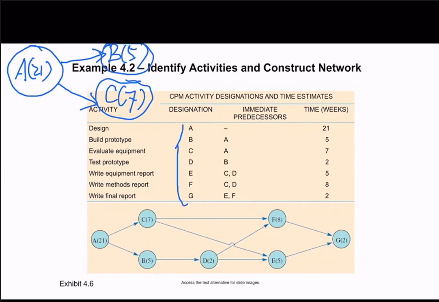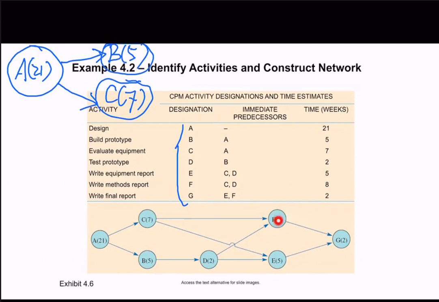So for example, for E here, it takes 5, and we need 2 arrows to stand for the sequence, which means before you complete C and D, you will not be able to start activity E. So before you complete evaluating equipment and testing prototype, you will not be able to write the equipment report. And the same as activity F.